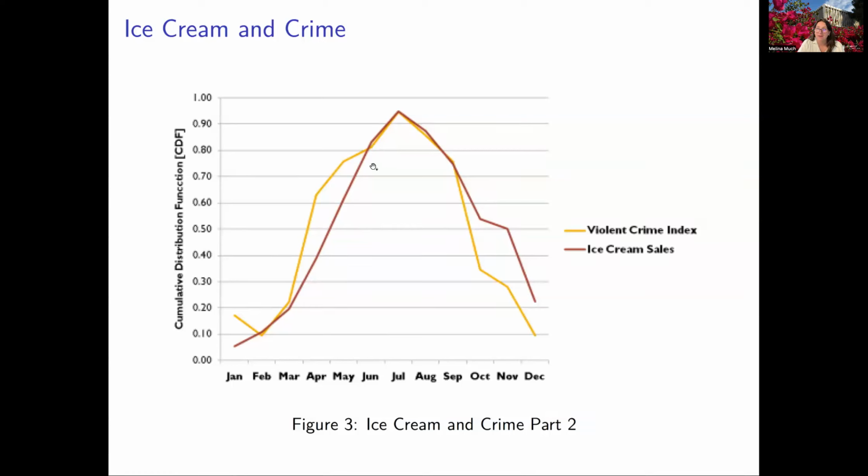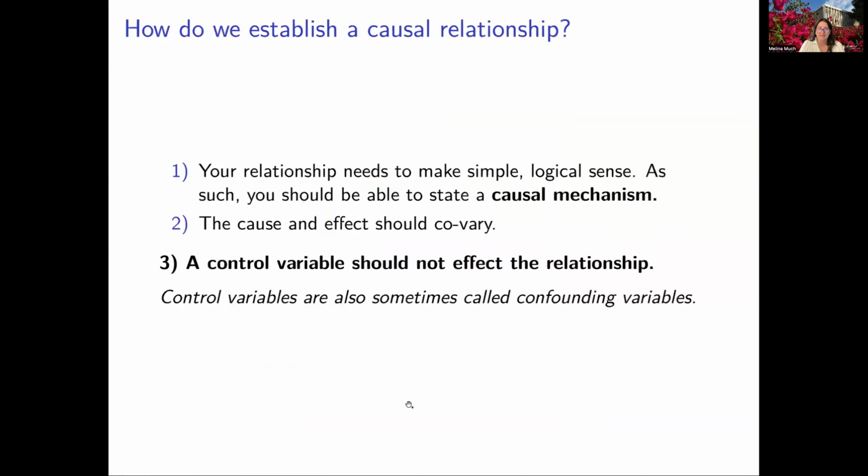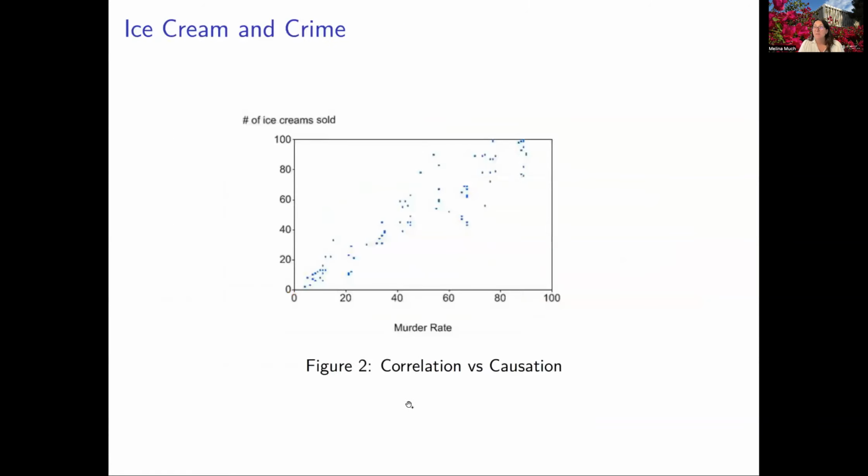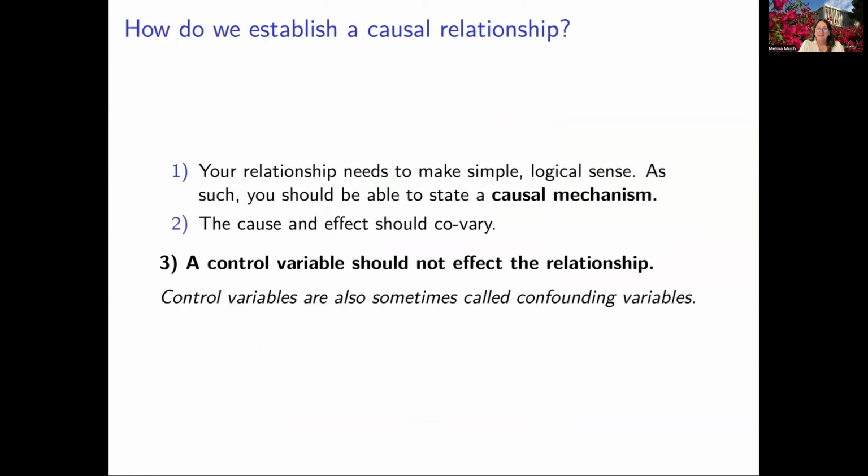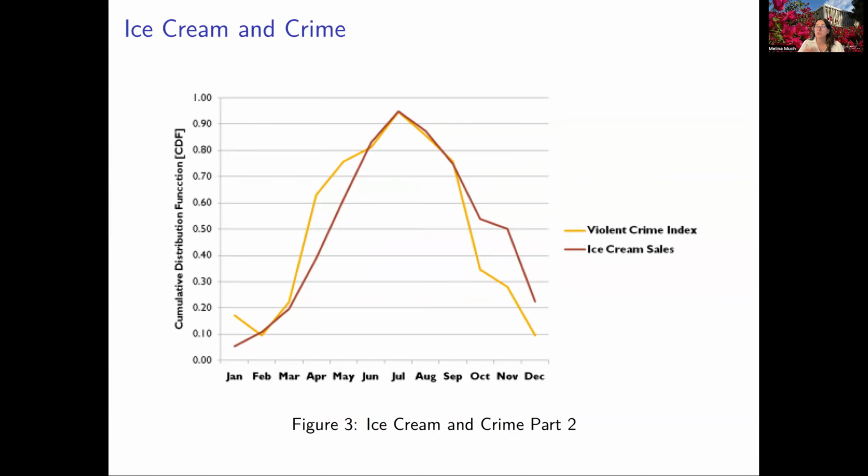So this is why we don't have a clear understanding of the causal mechanism in the last slide, right? Because we have a mediating relationship here, which is really that month or time of year is actually driving this relationship between violent crime and ice cream sales.